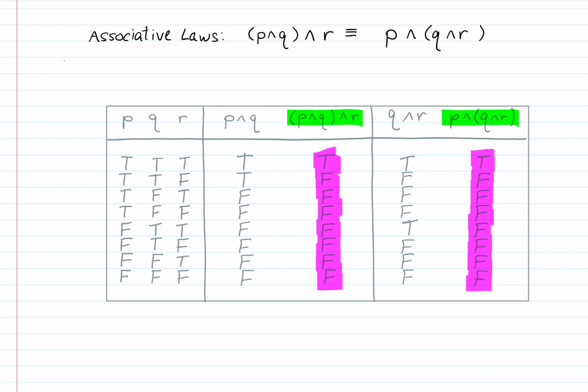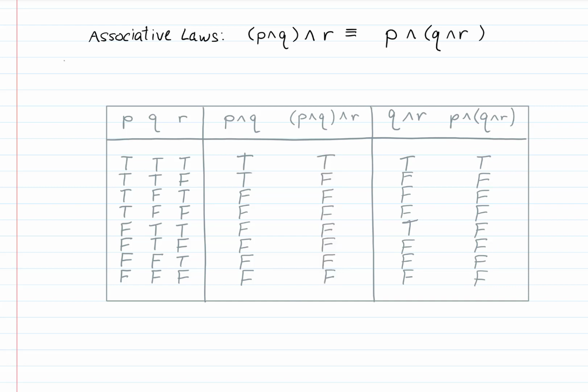And the other associative law, which I'm going to leave for you to prove, is same thing except with disjunctions. It says the disjunction of P and Q with R is equivalent to the disjunction of P with the disjunction of Q and R.